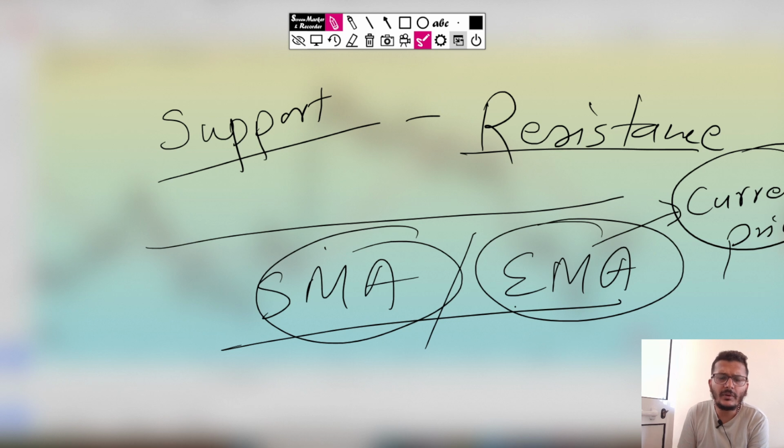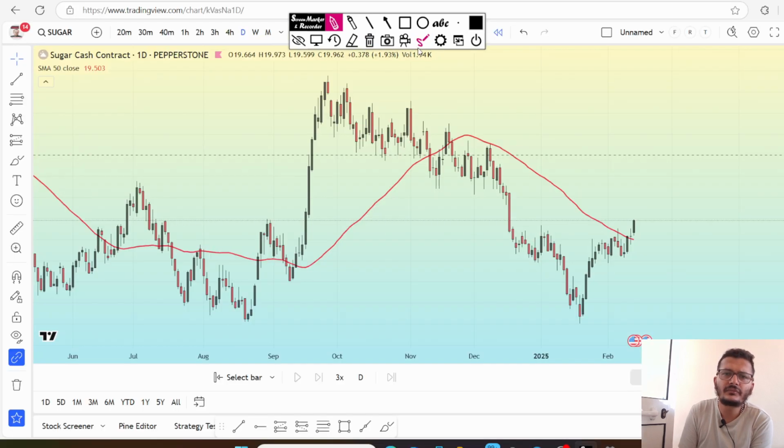If you are using SMA, that's good. If you are using EMA, that is also good. But you need to know the use case of the moving average in the chart.